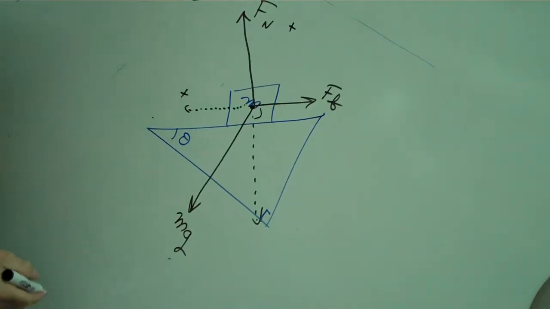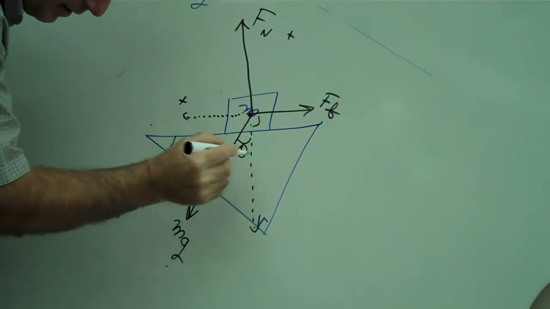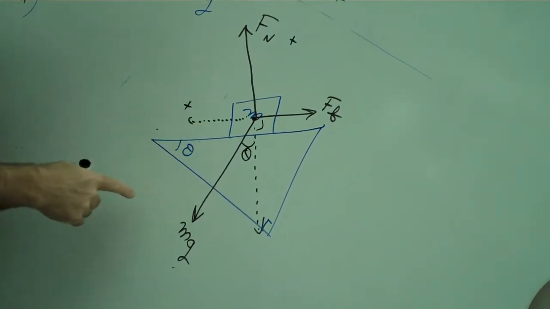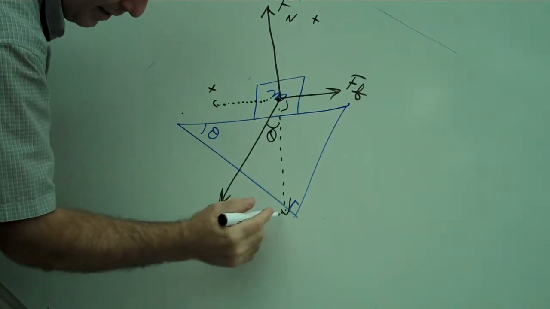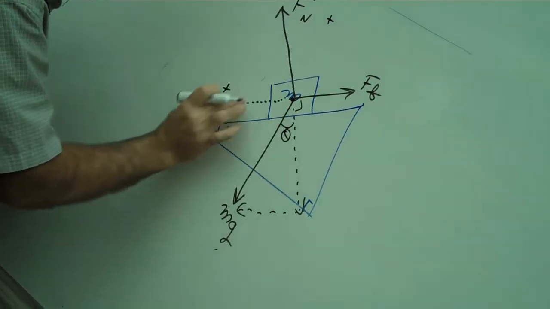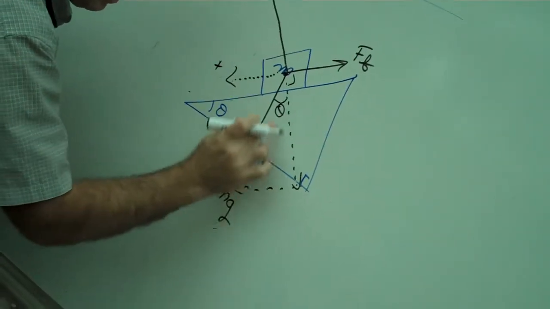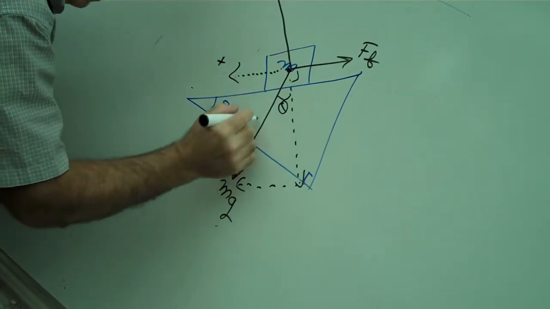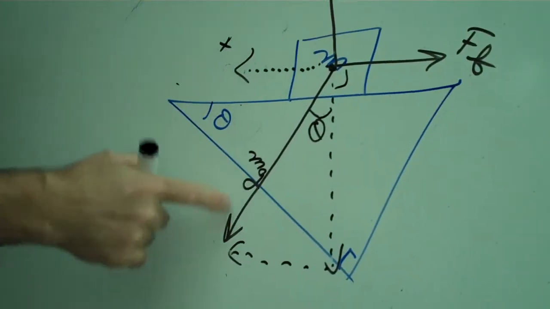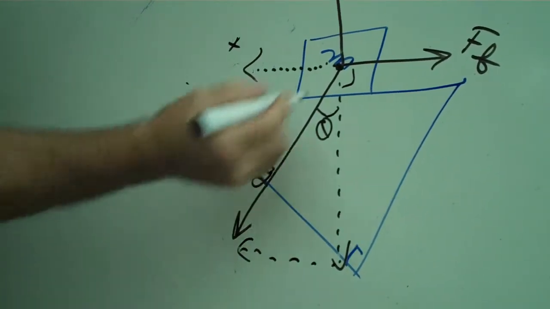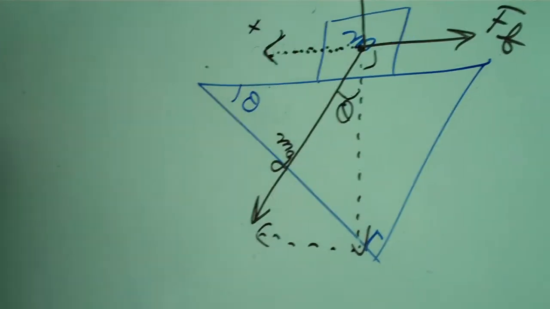Now we're ready. If that angle is theta, this angle is theta. Similar triangles. Read the book, you'll understand it. Put the tail of one on the head of the other, and you'll see that the parallel component is opposite of the angle, and the hypotenuse is mg. So how do you find the opposite side, which is the one that I need parallel to the ramp?